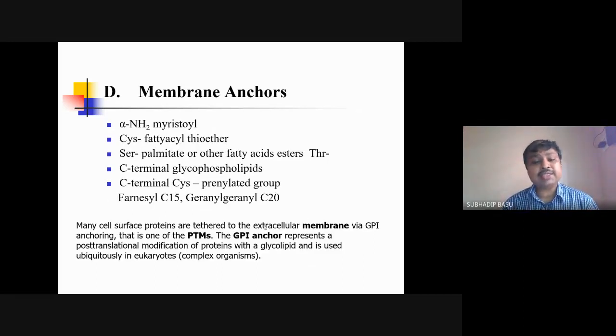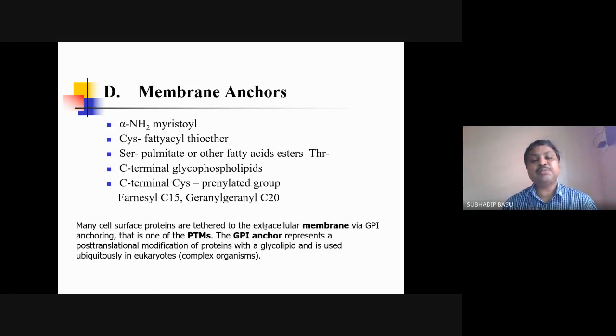Then there are membrane anchors. We discussed briefly that there are different types of membrane anchors. What do you mean by membrane anchors? I'm just repeating. Many cell surface proteins are tethered to the extracellular membrane via GPI anchoring. That is one of the PTMs. What do you mean by GPI anchors?